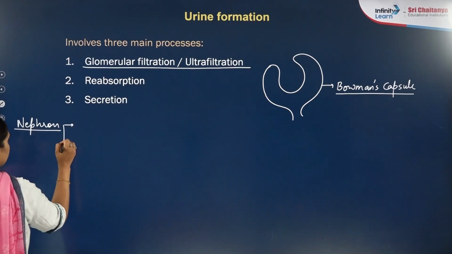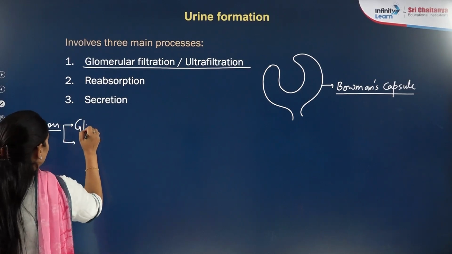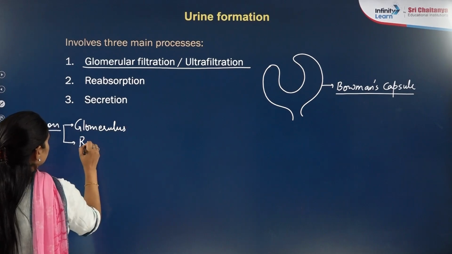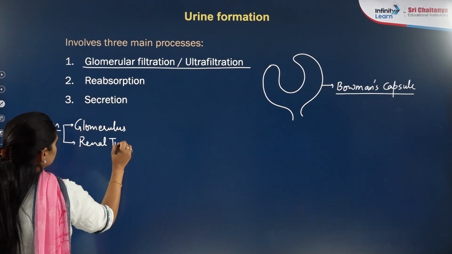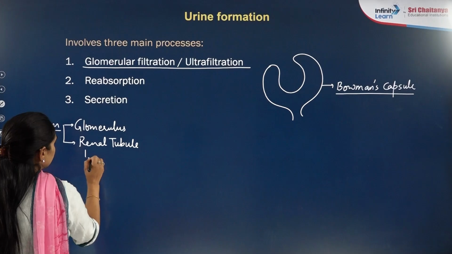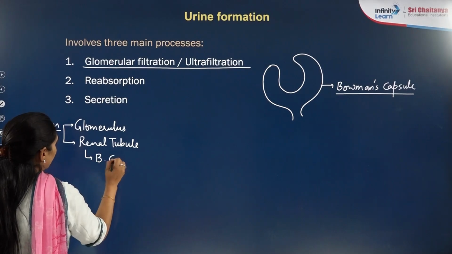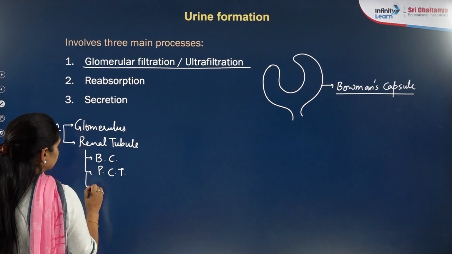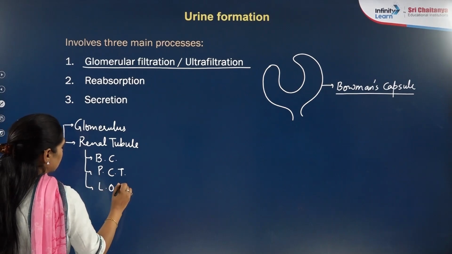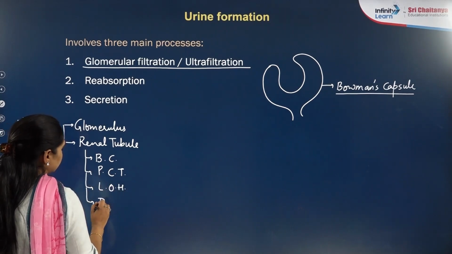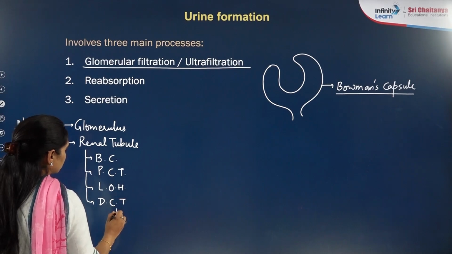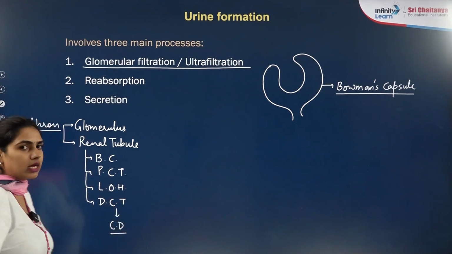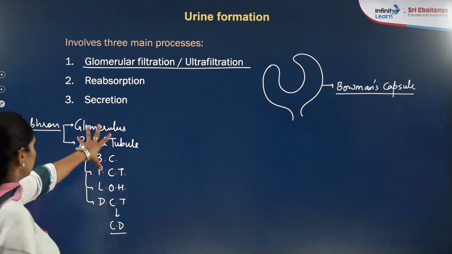Nephron has 2 parts. One is the glomerulus, another is the renal tubule. In the renal tubule, I have described Bowman's capsule, proximal convoluted tubule, PCT, then loop of Henle, and then DCT, distal convoluted tubule, which opens into the collecting duct. Many DCTs will open into the collecting duct. I have explained all this.